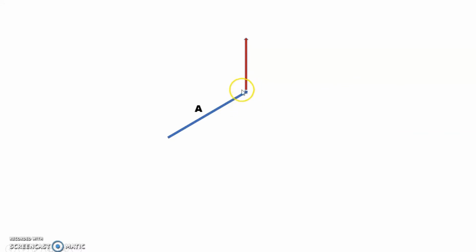The next thing we are going to do is add the vectors. How are we going to add these two vectors? Remember that when joining vectors, we used the head and the tail trick, which we have done to join the two vectors.